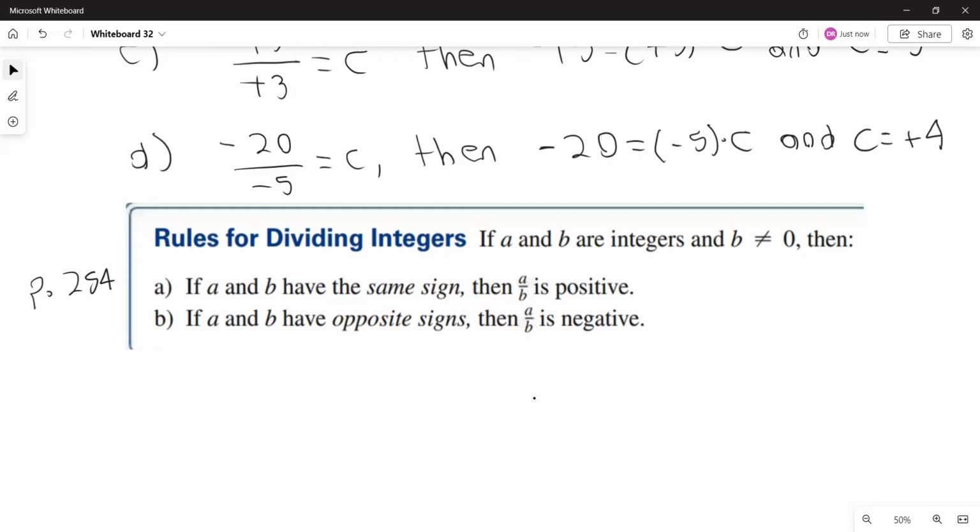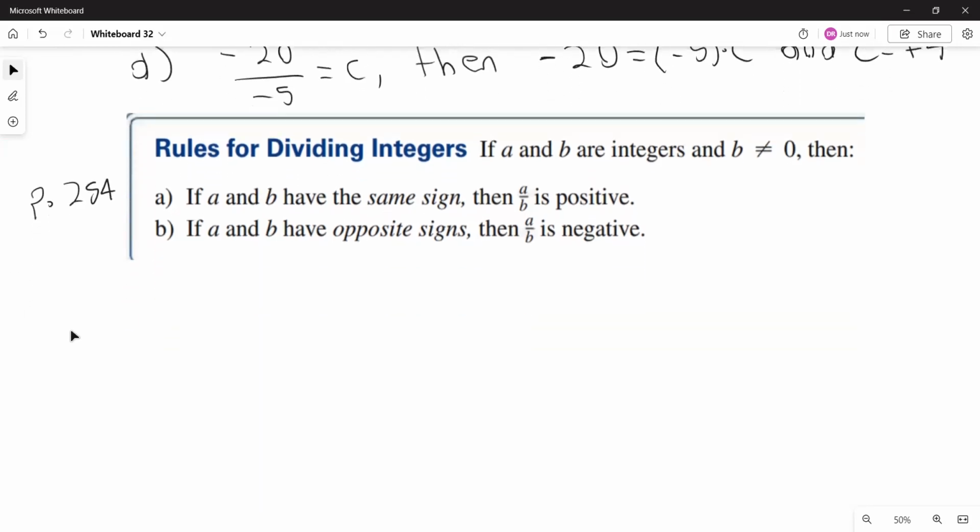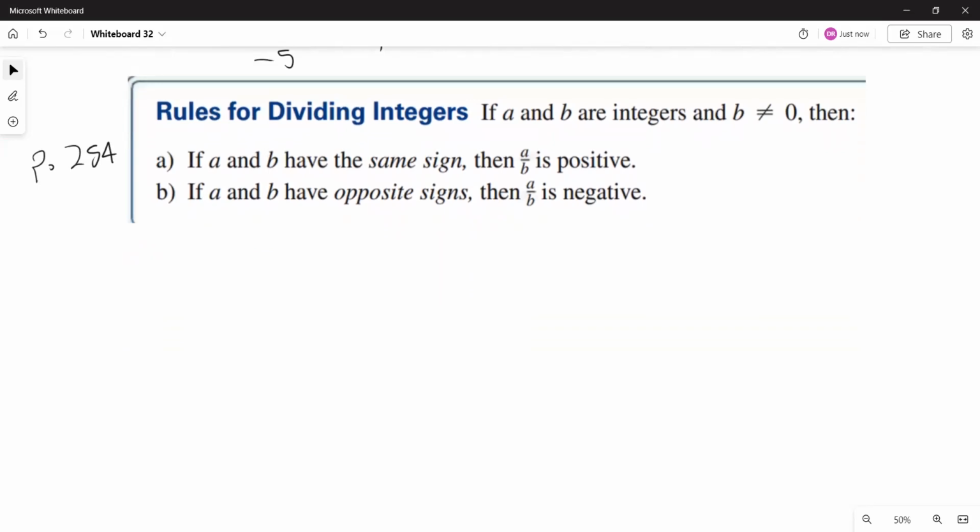And I'm going to do two more examples. We have expressions that are a little bit more complicated. This is an exercise with the order of operations. We're going to simplify the expressions. So those are on page 255. As you can see, this section doesn't take too long. Okay, so we're going to simplify each of the following expressions.